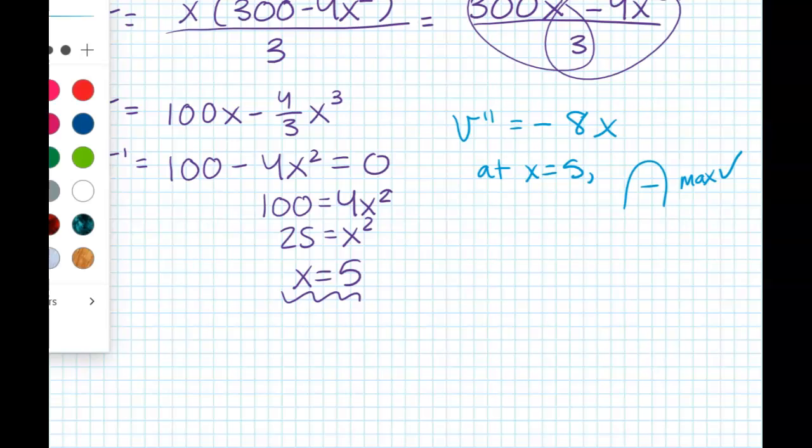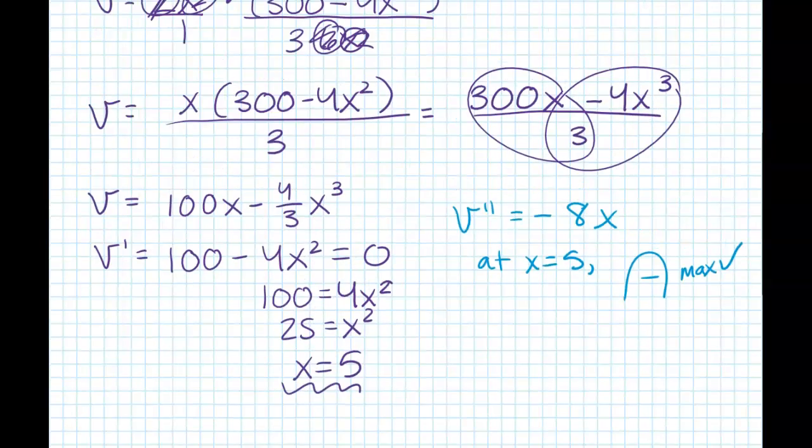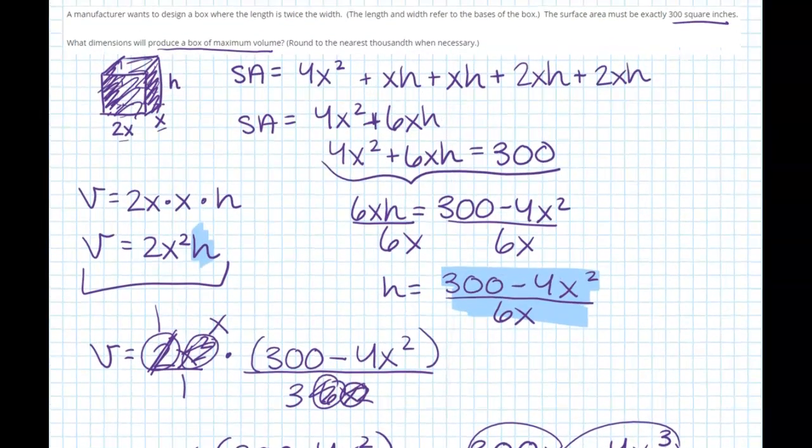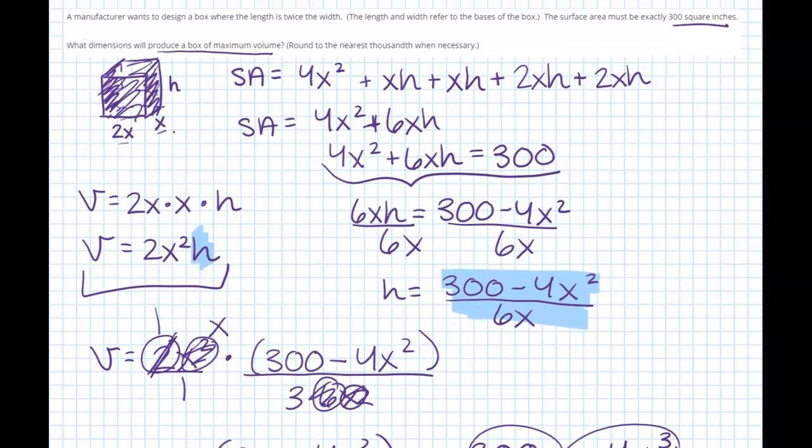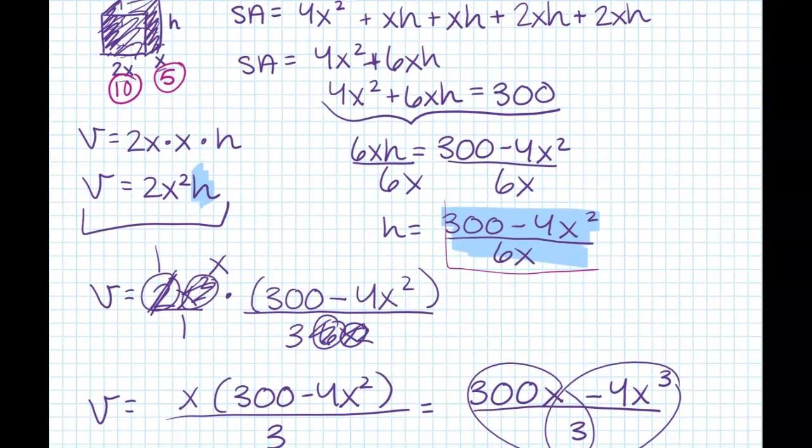So then we look at that, we know that the base of our box, if x is 5, this is 5, this is 10, and then our height, well, our height was this right here.